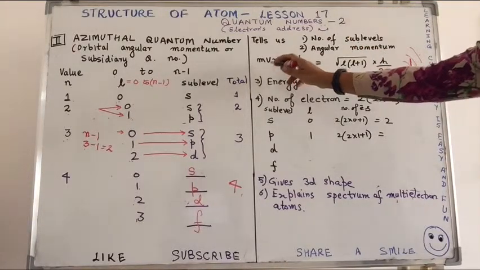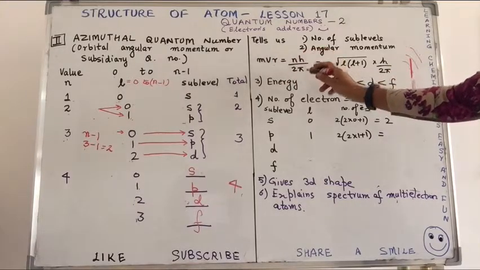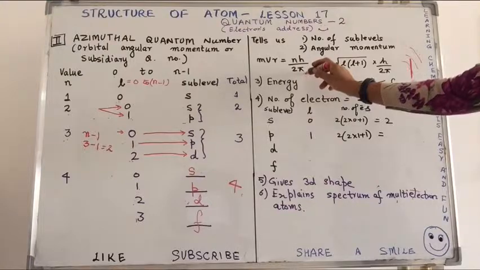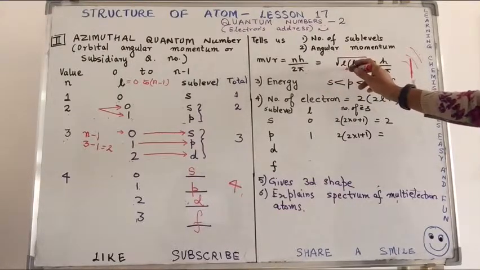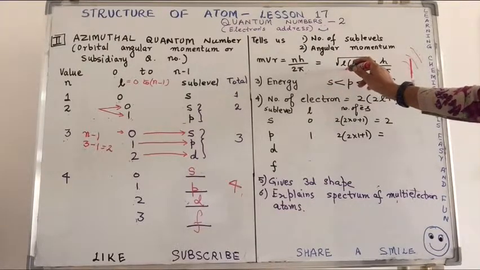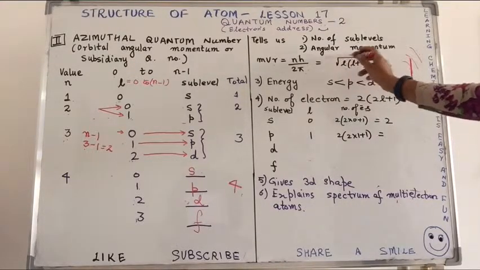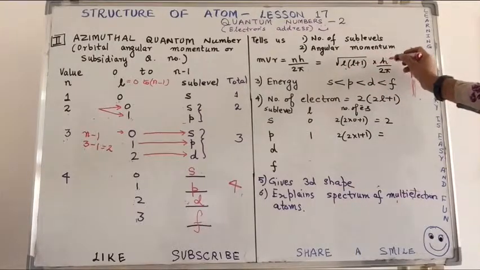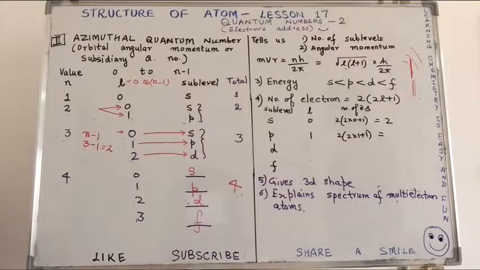If you remember, mvr is nh upon 2 pi. The quantum mechanical concept goes a step further and relates it to the orbital angular momentum, or the subsidiary quantum number, as under root of L into L plus 1 multiplied by h upon 2 pi, where h is Planck's constant.